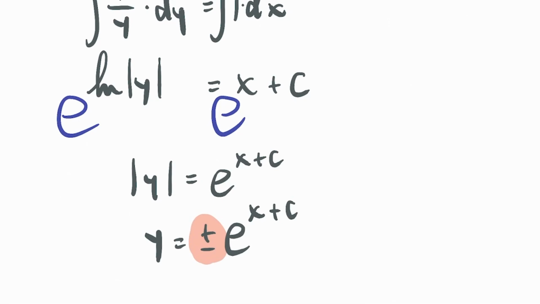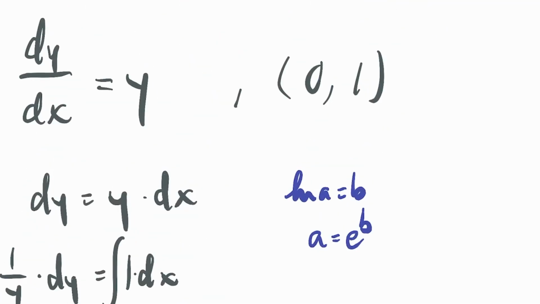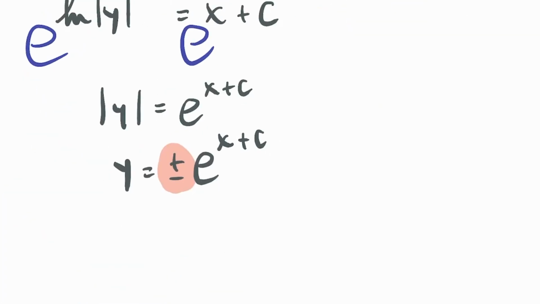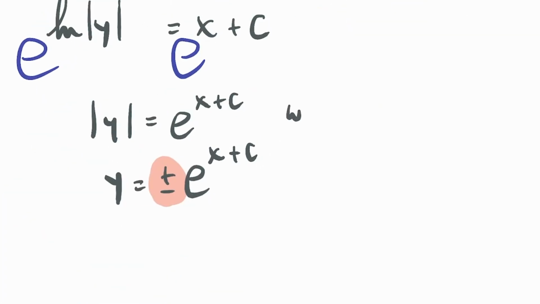Well, this is where we need to bring in our initial value. 0, 1 is our initial value. When x is 0, y is 1. Okay. So y is positive.